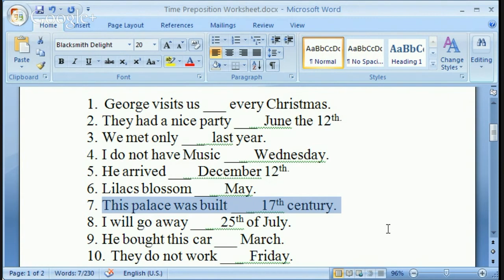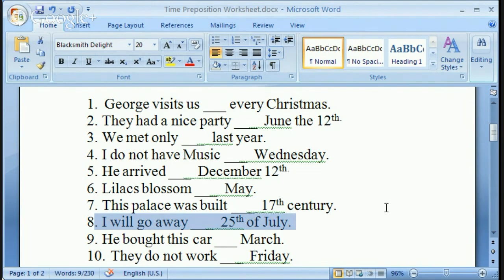We absolutely need the, because which century, you need to be specific. Centuries are countable, but this is very specific. We've designated it as 17th, so we need the article, the 17th century. Okay. Max, number 8.